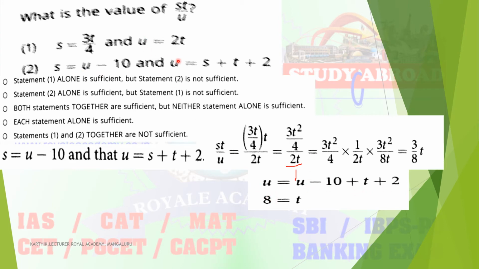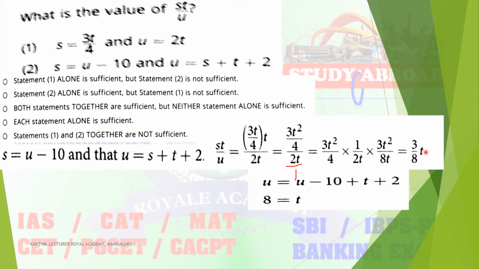Then from the second statement you will get the value of t, but you can't find out the value of st divided by u, since s and u are not provided, though you can determine the value of t.